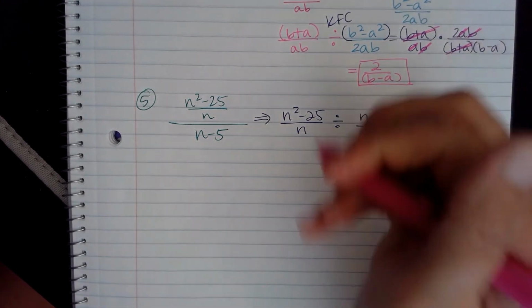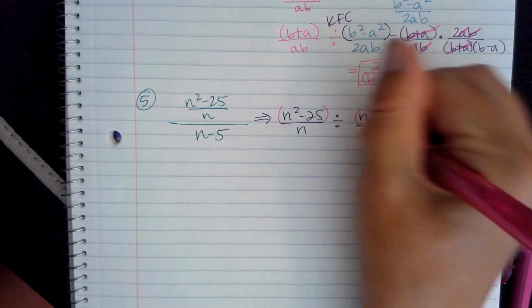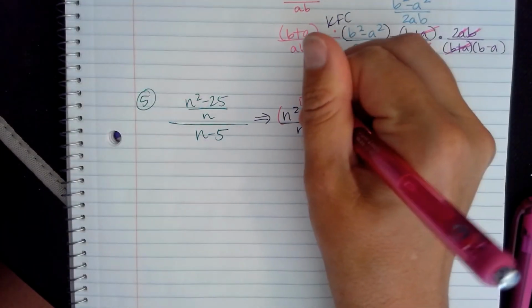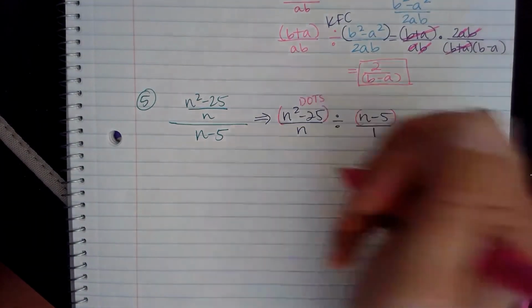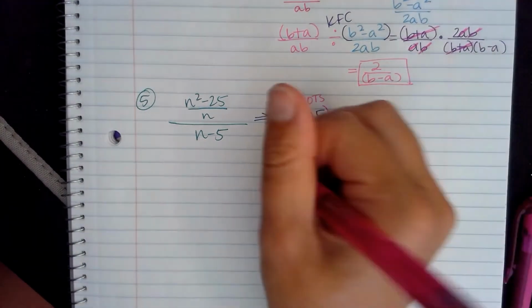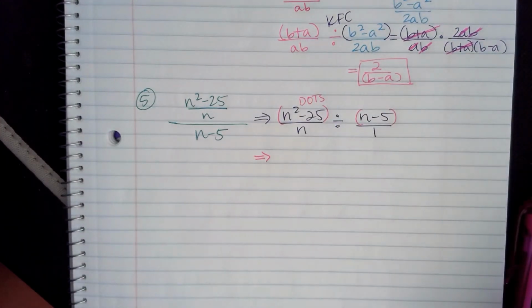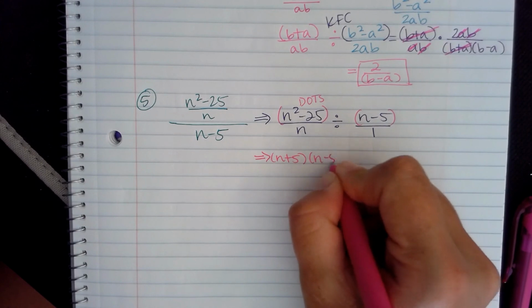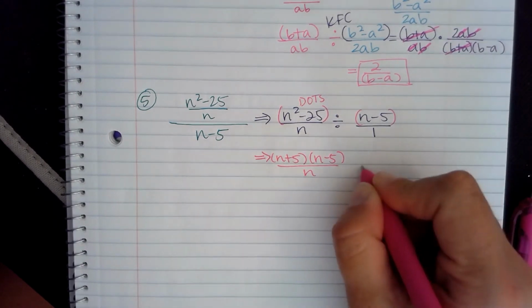Then if we add our grouping, which we should because those are groups, hopefully you saw that this is a difference of 2 squares. So I'm going to do KFC at the same time as I factor. So that becomes n plus 5 times n minus 5 over n.